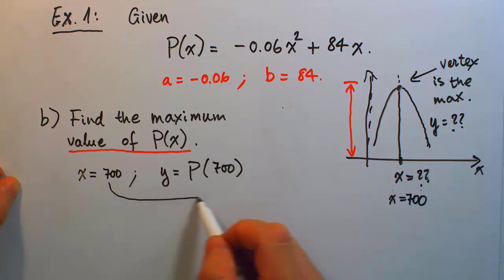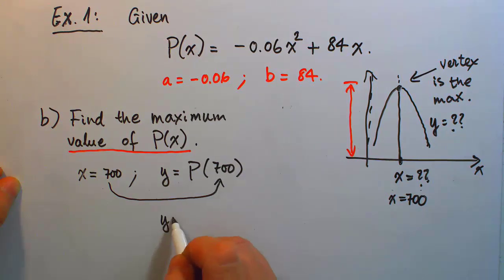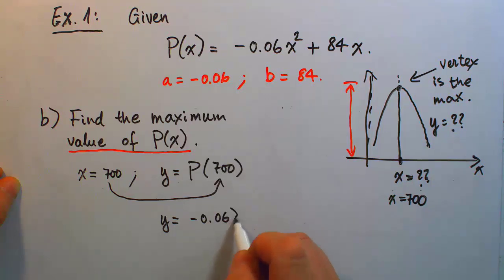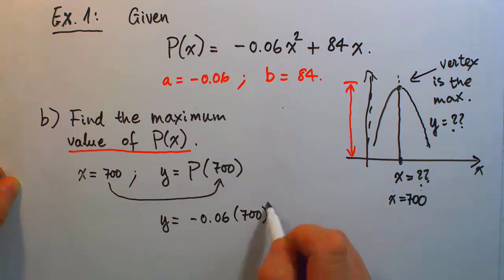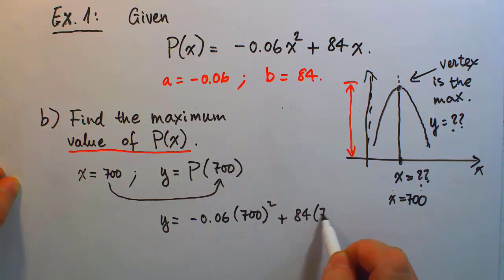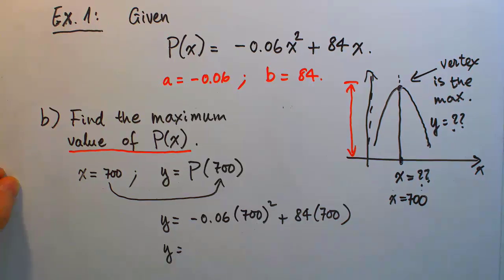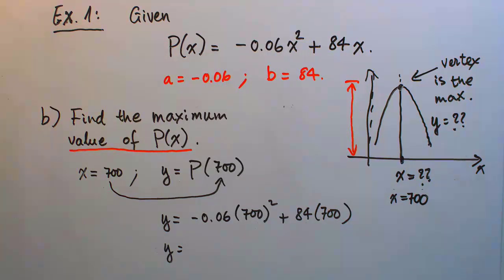So with 700 substituted in, the calculation is going to come out negative 0.06 multiplied with, in parentheses, 700 squared, plus 84 times 700. And the final calculation here comes out being 29,400.